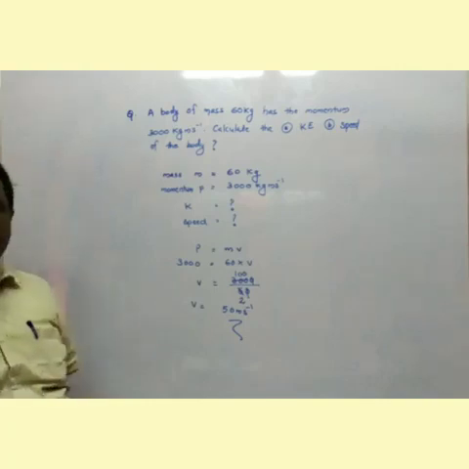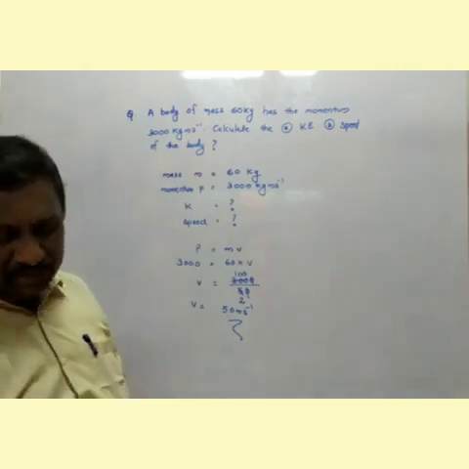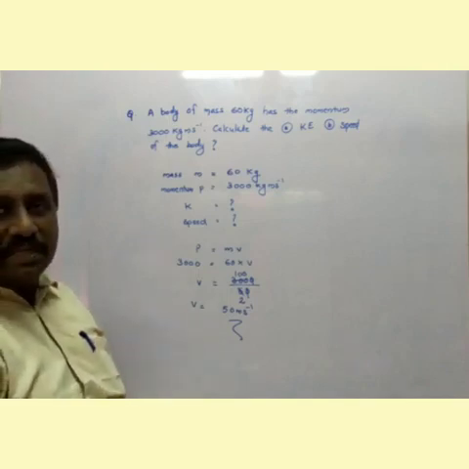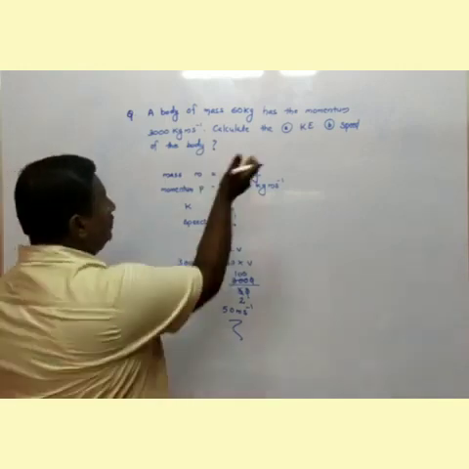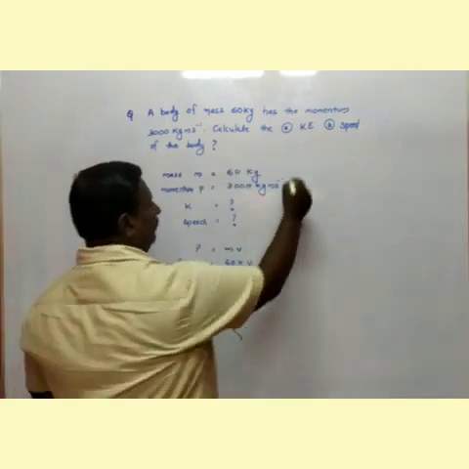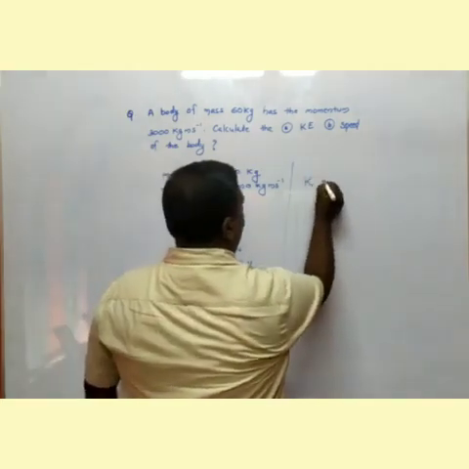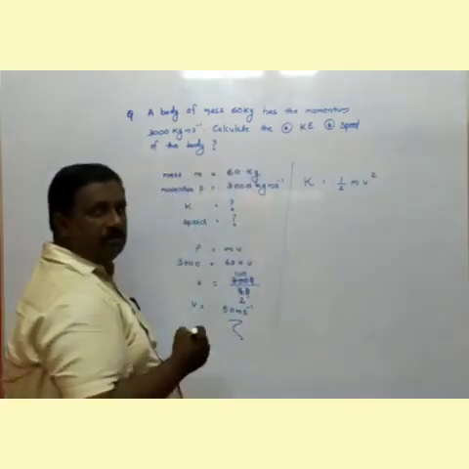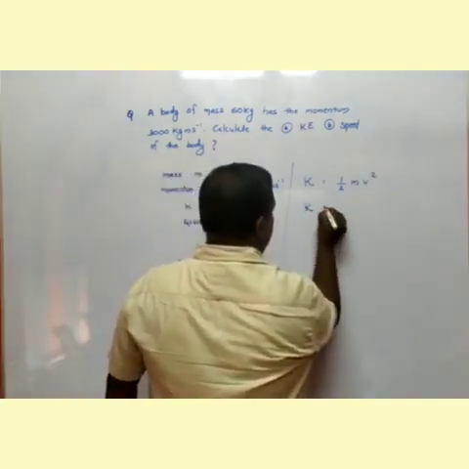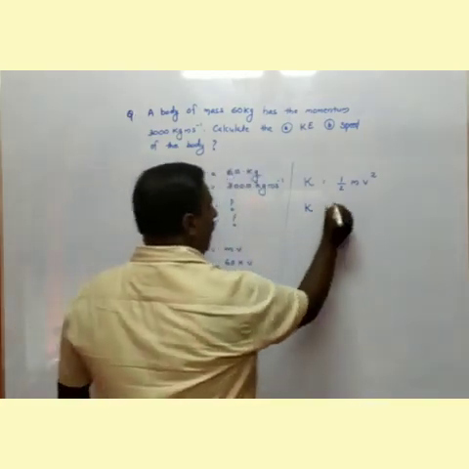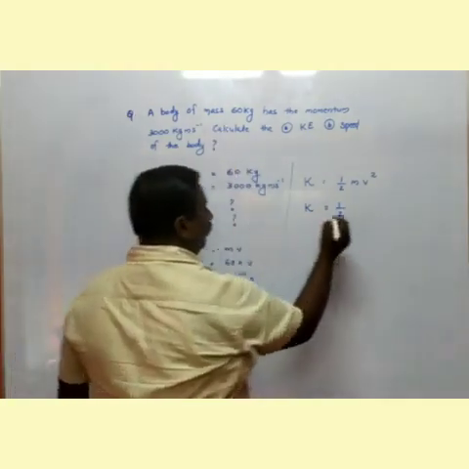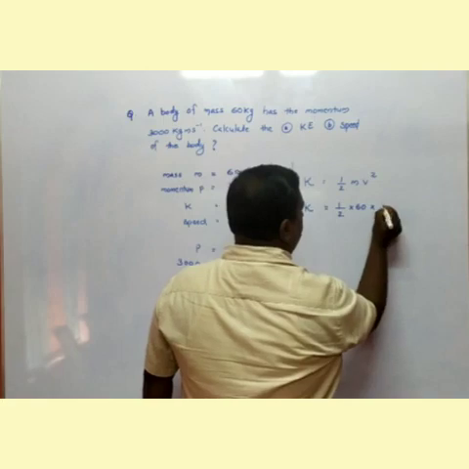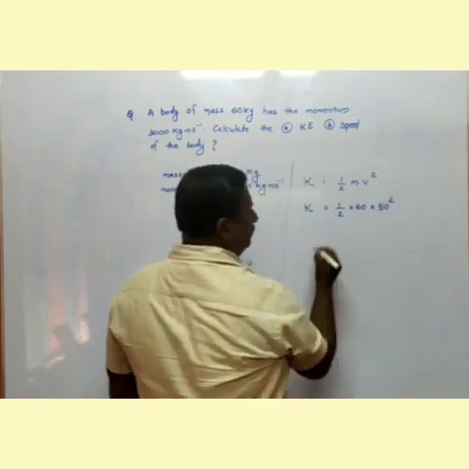That is the speed. Can you follow me? The velocity or the speed of that body is 50 meter per second. Next we have to find out the kinetic energy. The equation for kinetic energy is half mv square. Then K is equal to half into the mass, 60, into the speed 50, that is v square, 50 square.